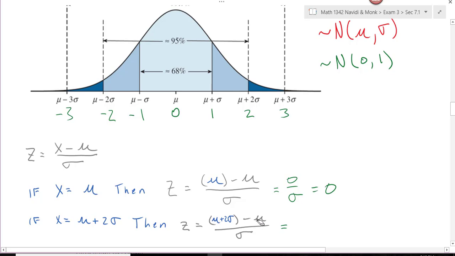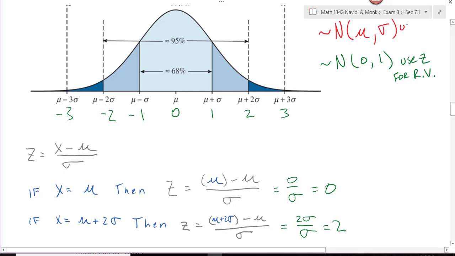These two means are going to cancel out, but I've got 2 sigma divided by sigma. And the sigmas will then cancel out, and I'm left with 2. Well, look at what I said this was. The mean plus 2 sigma, when I convert it to a Z-score, is equal to 2. Notice whenever we're referring to a standard normal distribution, we use Z for our variable. RV stands for random variable.